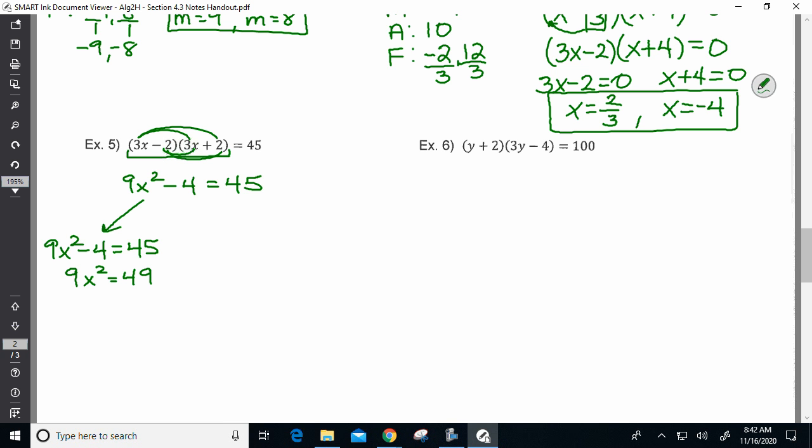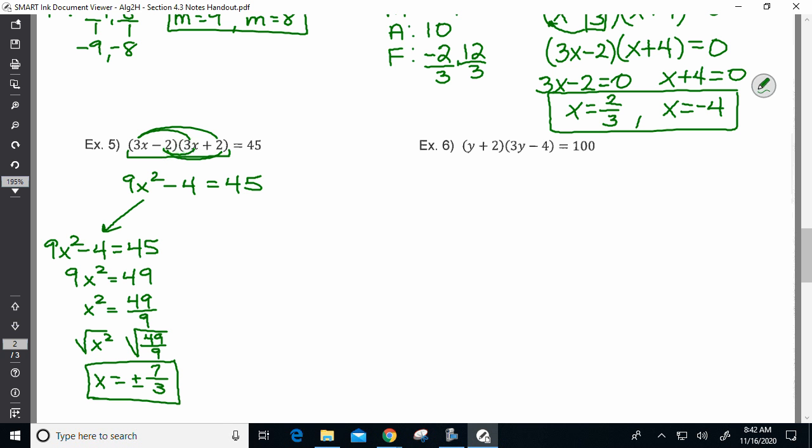Add 4 to both sides. Divide by 9. And then take the square root. So x equals plus or minus 7 over 3.